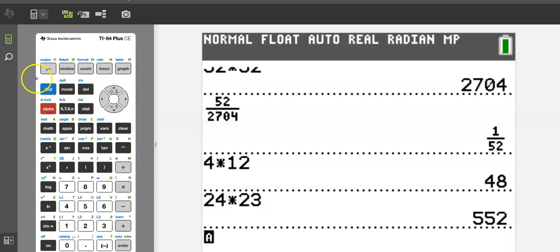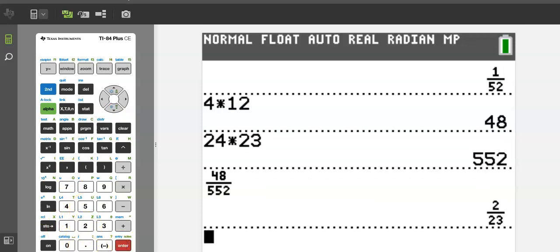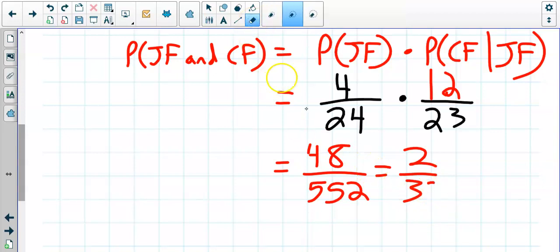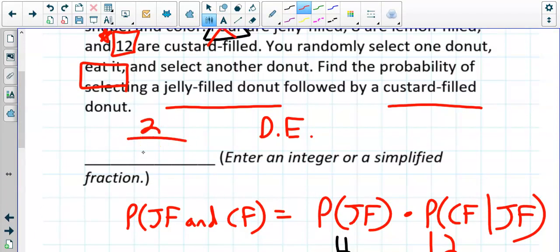So let's figure it out. Alpha, y equals 48 over 552. Enter. So our probability is 2 out of 23. And thus ends chapter 11 on probability. 2 out of 23.